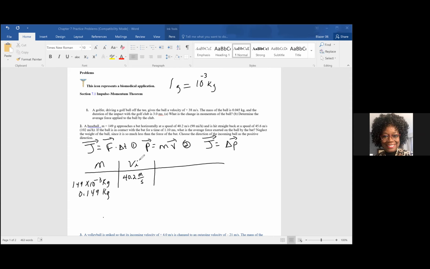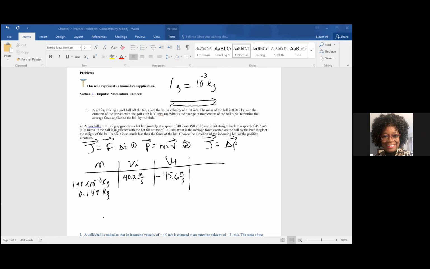If V initial is, we say, moving toward the right, that tells us that V final, if it's hit straight back, has to have the opposite sign. Remember, these are vectors, and we have to account for the sign. So it says if the ball is hit straight back at a speed of, so this is my new speed, but it's negative. That's important to observe.